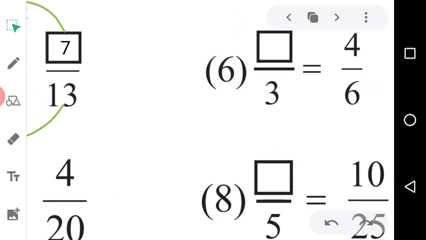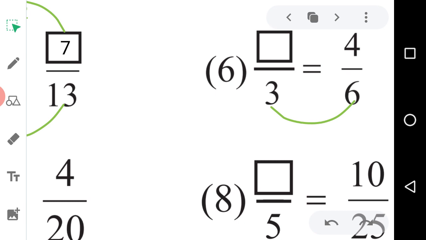Now see the next one. Here the fraction is given 4 upon 6. We have to find which number comes in the box. How can we get 3 from 6? By dividing, because 3 is smaller than 6.